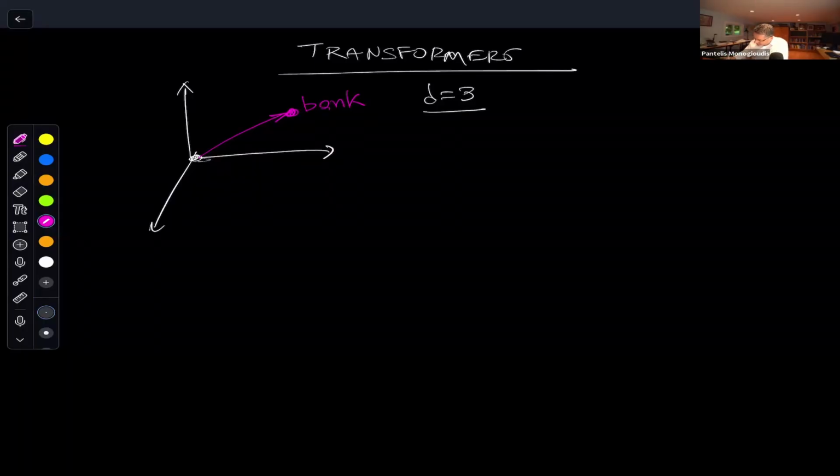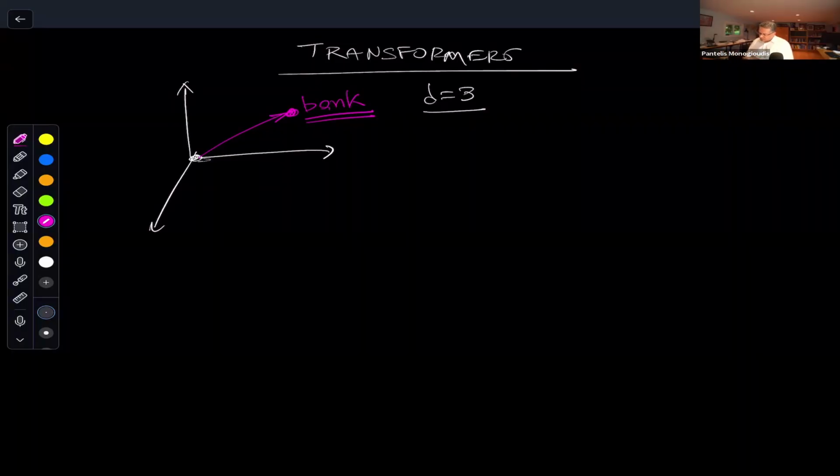And this is what we call a context-free representation, because there is one and only one point in space, no matter what the underlying semantic of the token bank is. So, for example, if it refers to a river or refers to the financial institution, there's only one point in space.